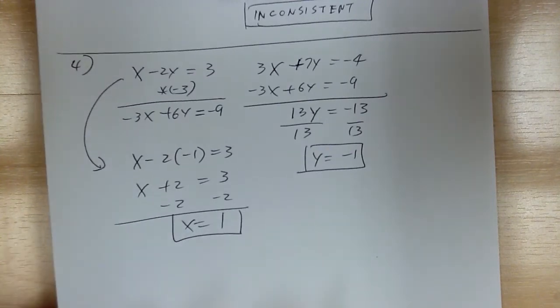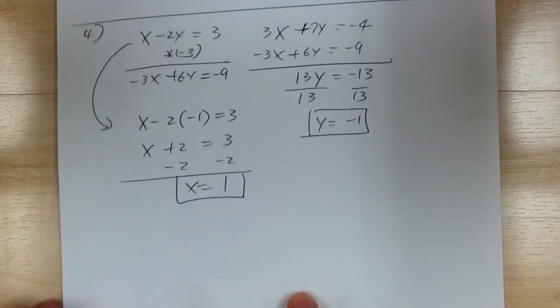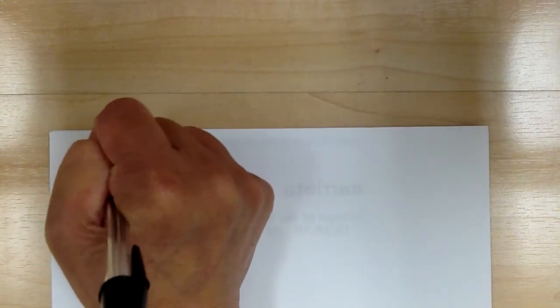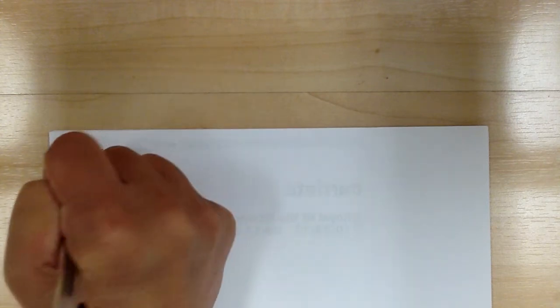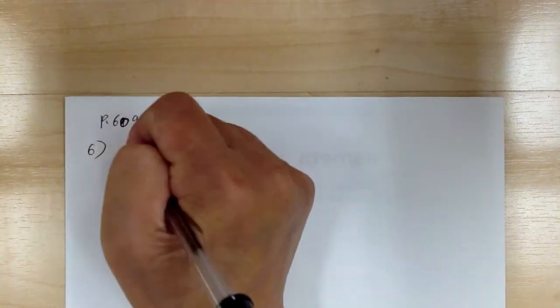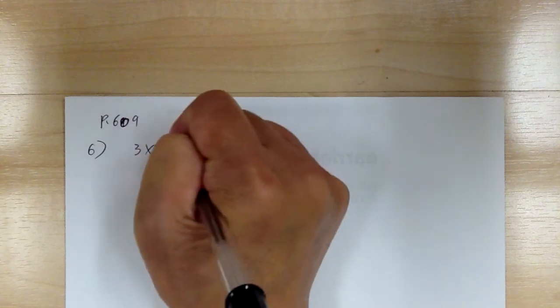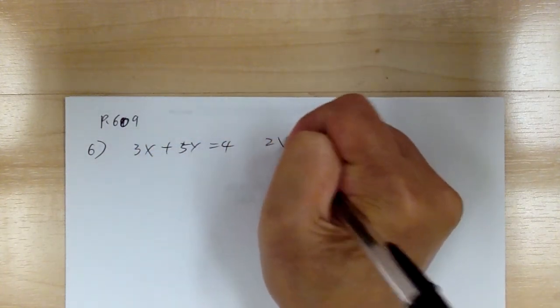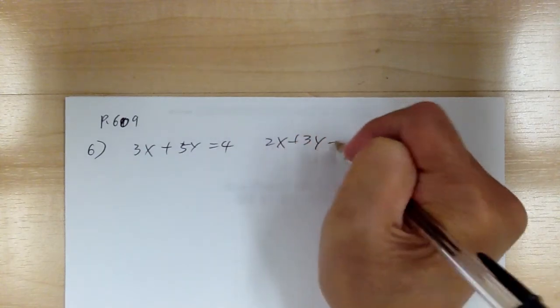Okay, let's go to number 6. I've got 3x plus 5y equal to 4, and I have 2x plus 3y equal to 4.